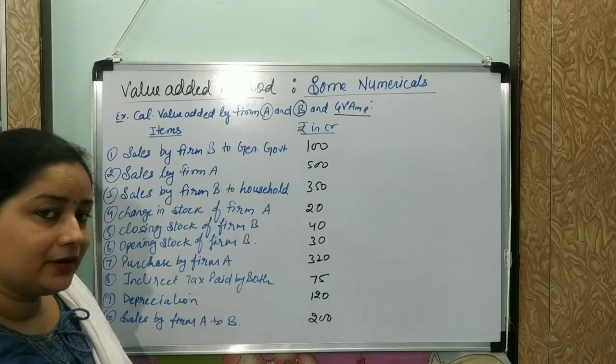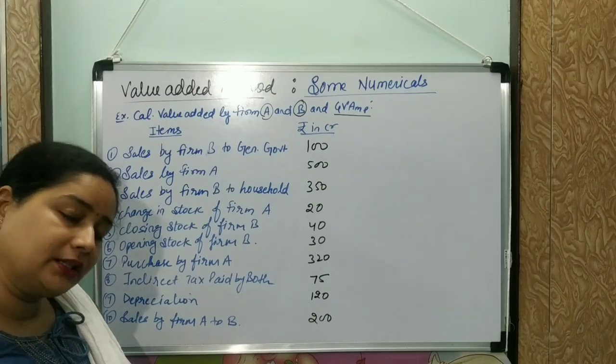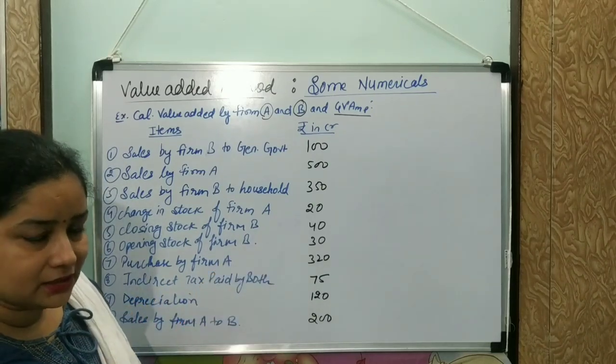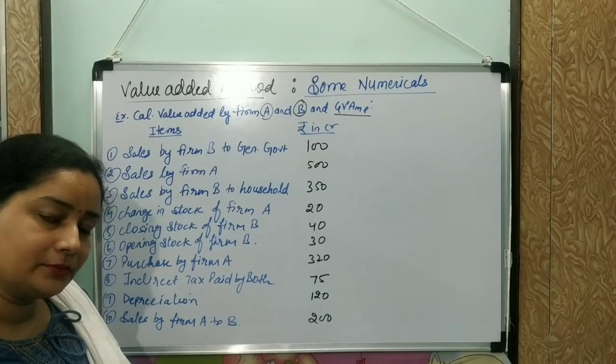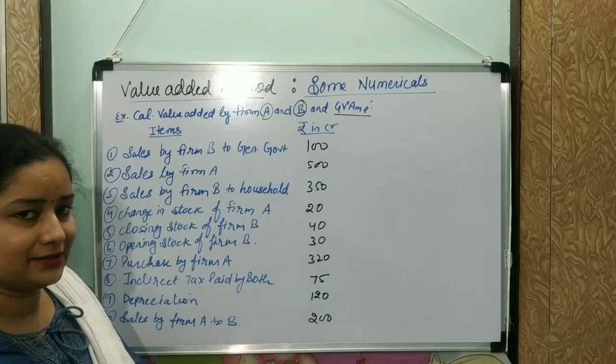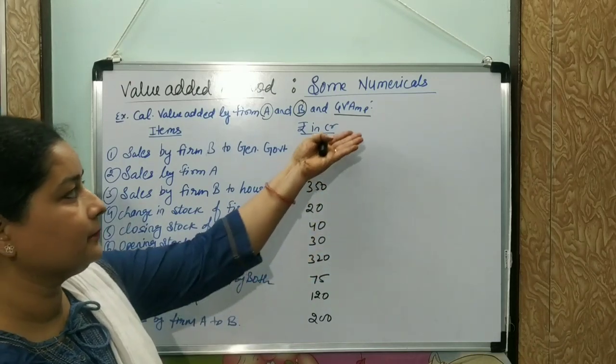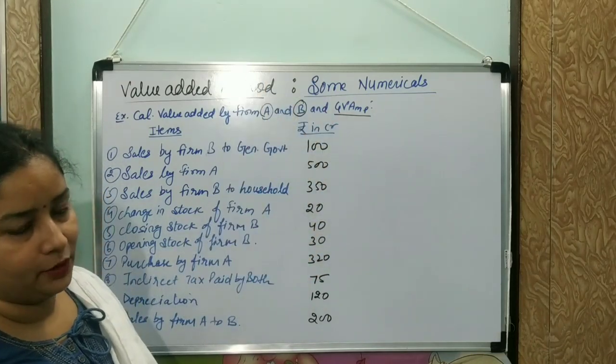But in reality, many firms are there. All the GVAMP of different firms and different sectors are added together to get the GVAMP or GDPMP of the country.